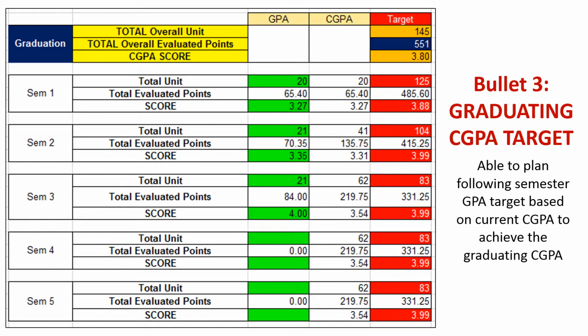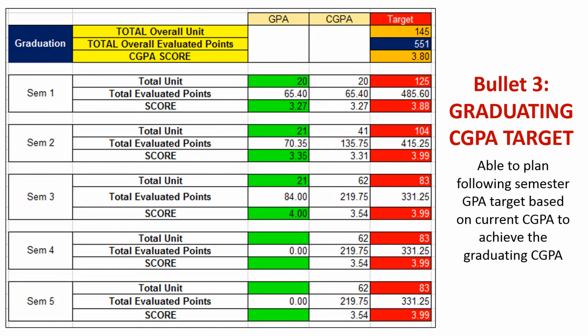So bullet 3 mathematically will calculate and tell him that, yeah, most probably you can still get 3.8, provided for the remaining 104 units, meaning the coming semesters, in another 6 semesters, each semester he must get 3.99.